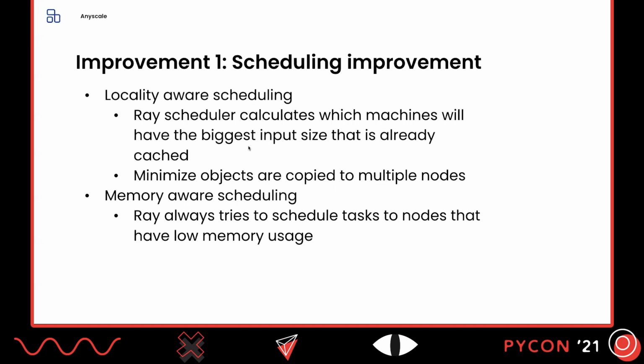And this was very inefficient. So now every Ray task basically knows what kind of objects it requires and where they are. So we can actually do locality-aware scheduling and schedule on the machines that already have the largest number of object size for the task. And this will eventually minimize objects copied across different machines.